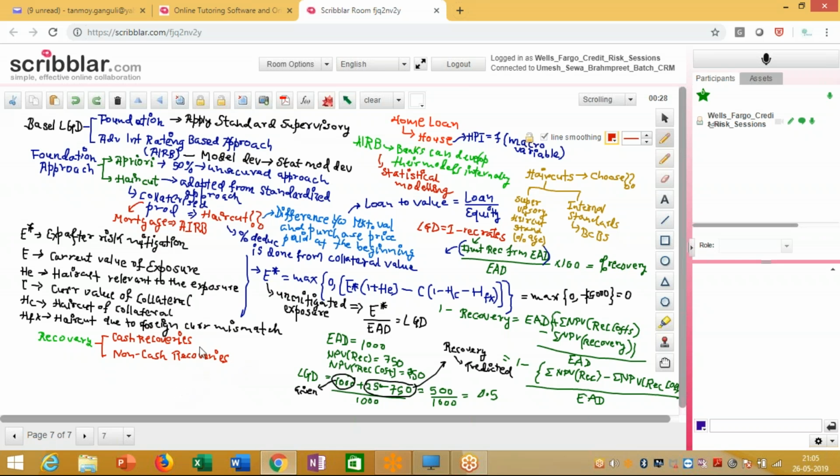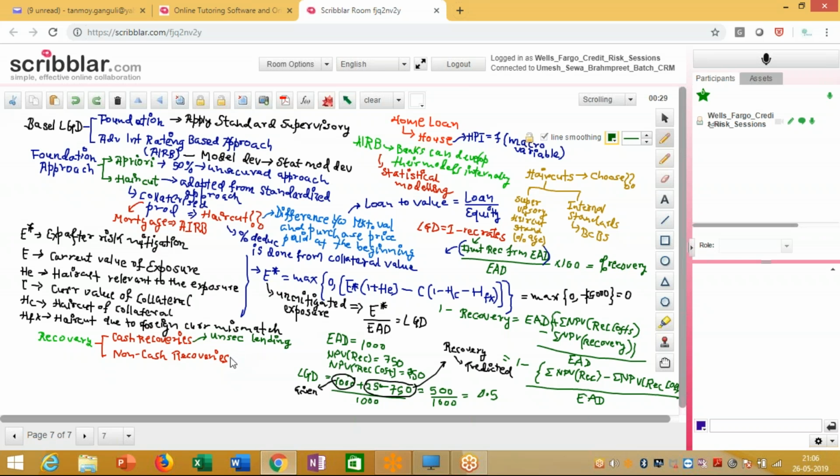So cash recoveries are more relevant for unsecured lending, right?